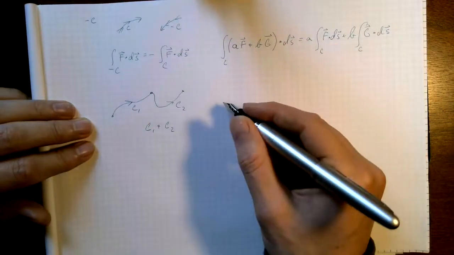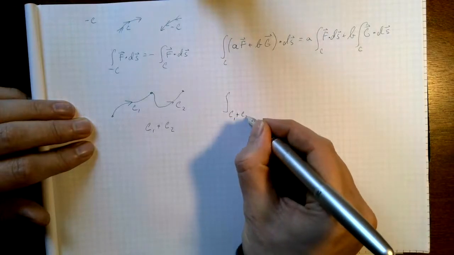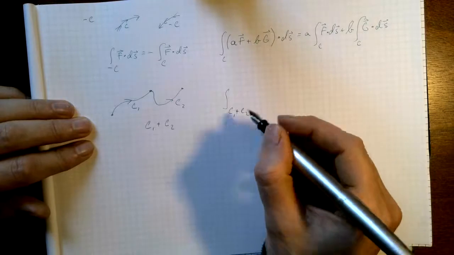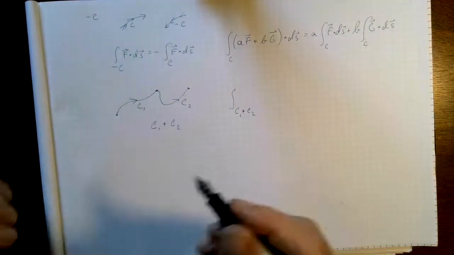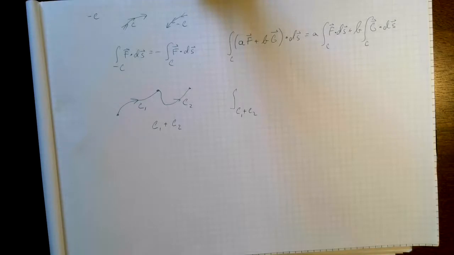Then what people write is that if I traverse this path, and again, if you think about the definition, it didn't really matter exactly how we parametrized the curve, right? Where t started, where t ended, as long as we went in the correct direction, right?